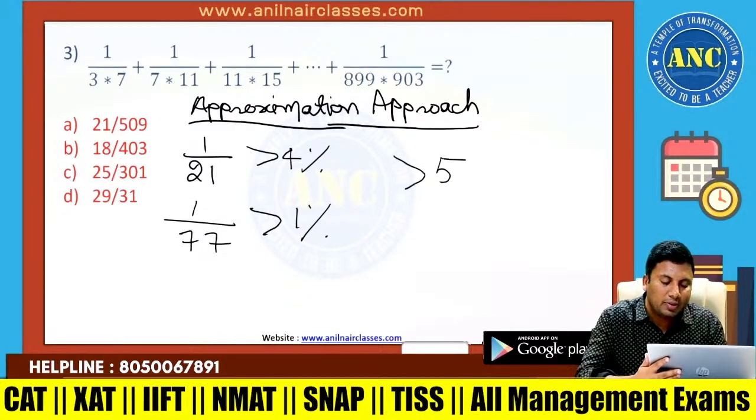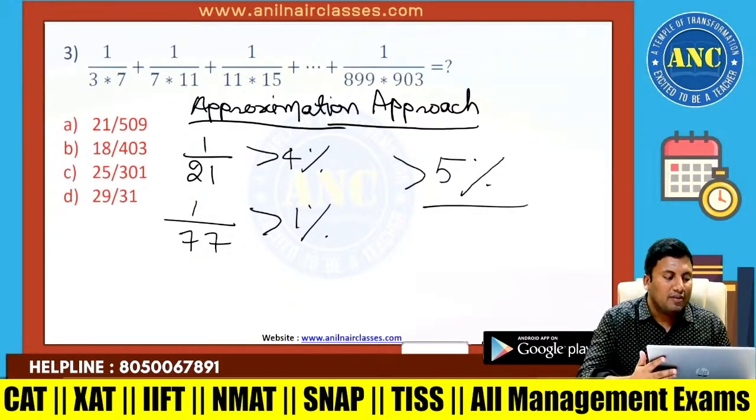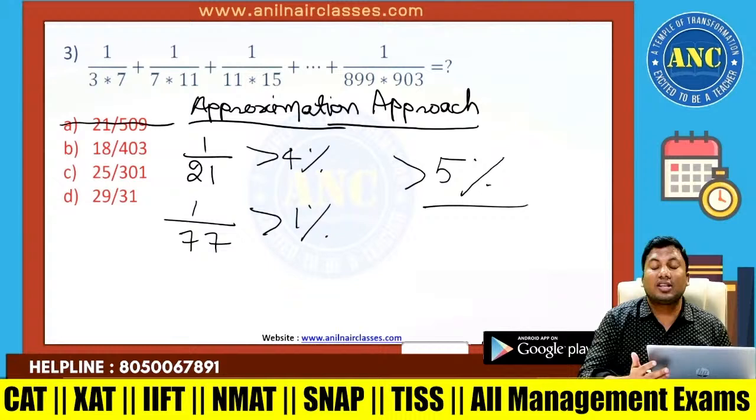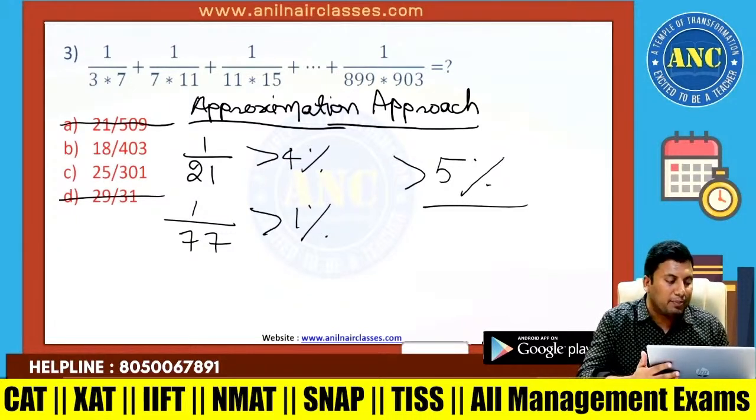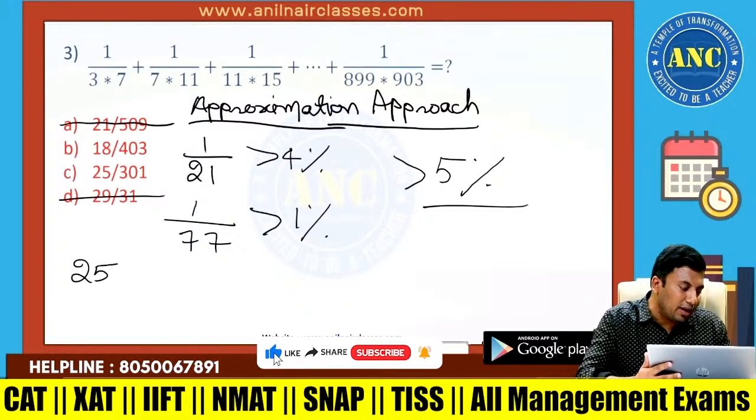So the answer should be greater than 5%. We eliminated this because 509 is not a factor of 301, and this because it is not a factor of 301. So the answer should be just greater than 5%: 25 by 301.